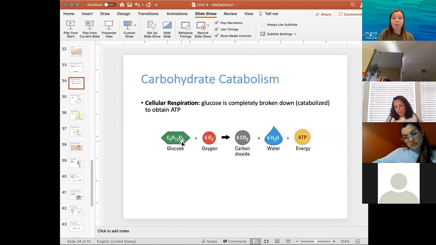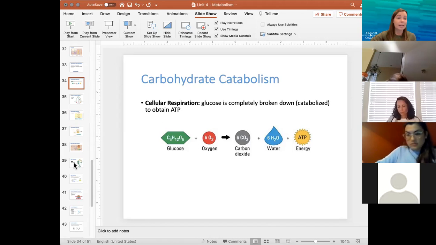That is the chemical formula for glucose. So when you see that chemical formula, that is glucose in your outline. From one single glucose molecule, after you perform cellular or aerobic respiration, you end up with 30 to 32 ATP molecules. So you get quite a bit of ATP from just one single molecule of glucose.